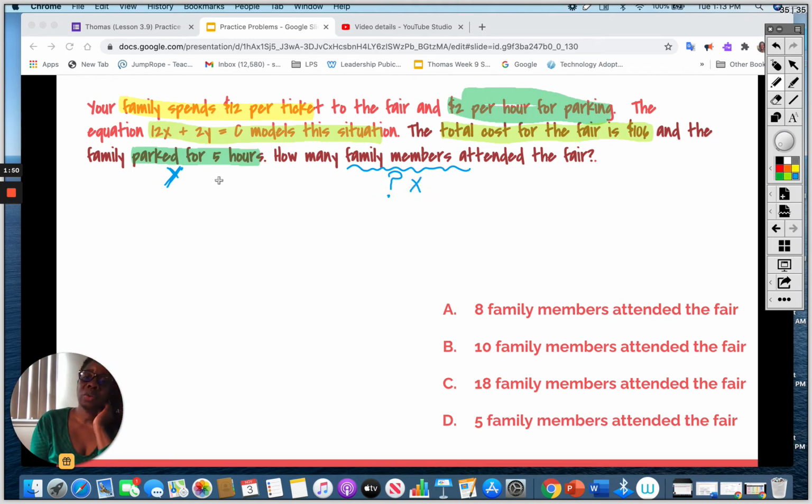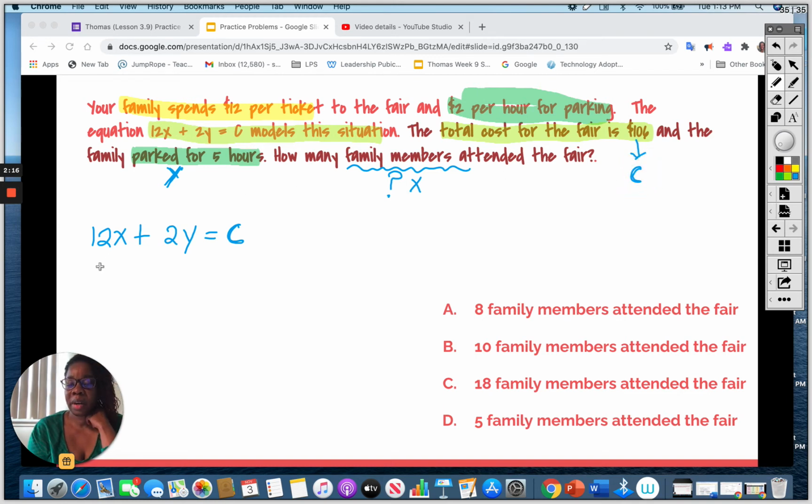So as usual, we're going to start out with the original problem, which is 12x plus 2y is equal to c. We know that the total cost was $106 for this trip, so that is going to replace c.